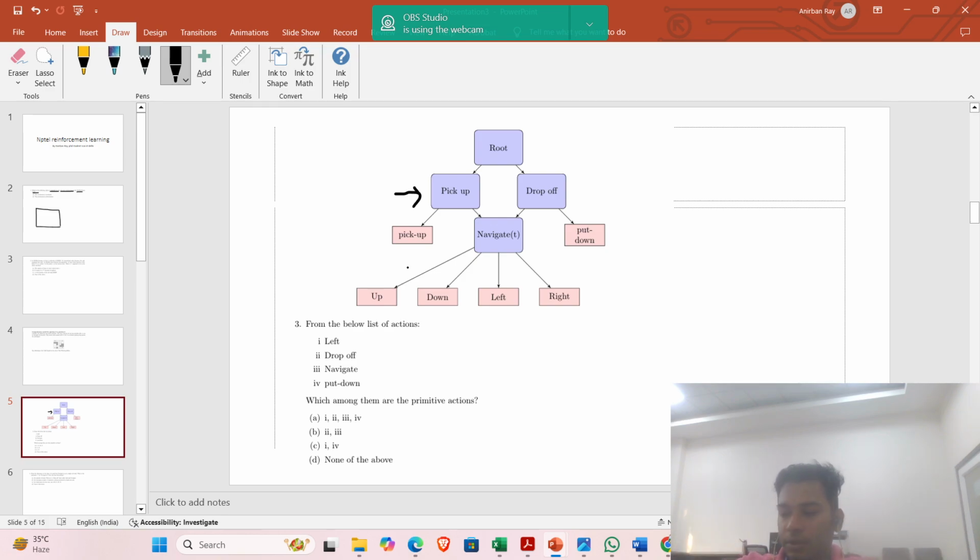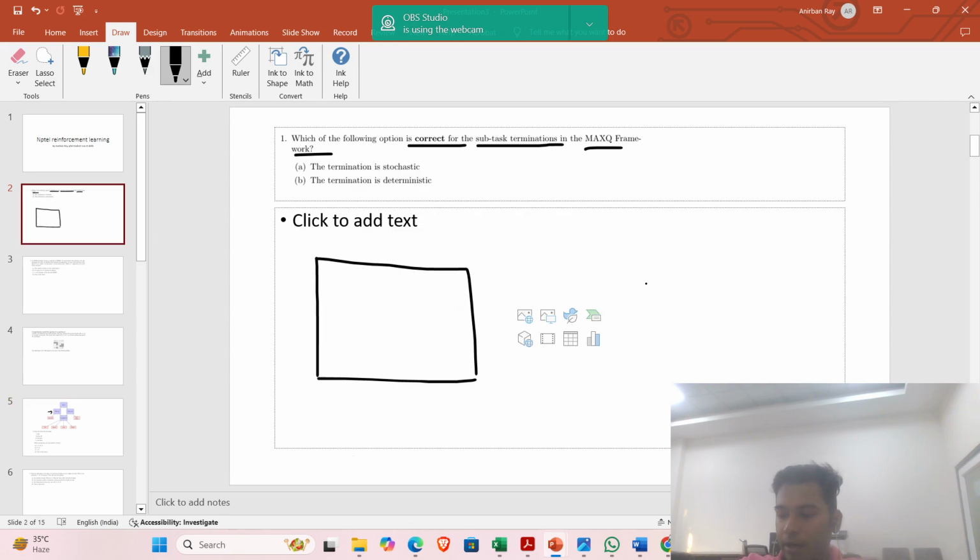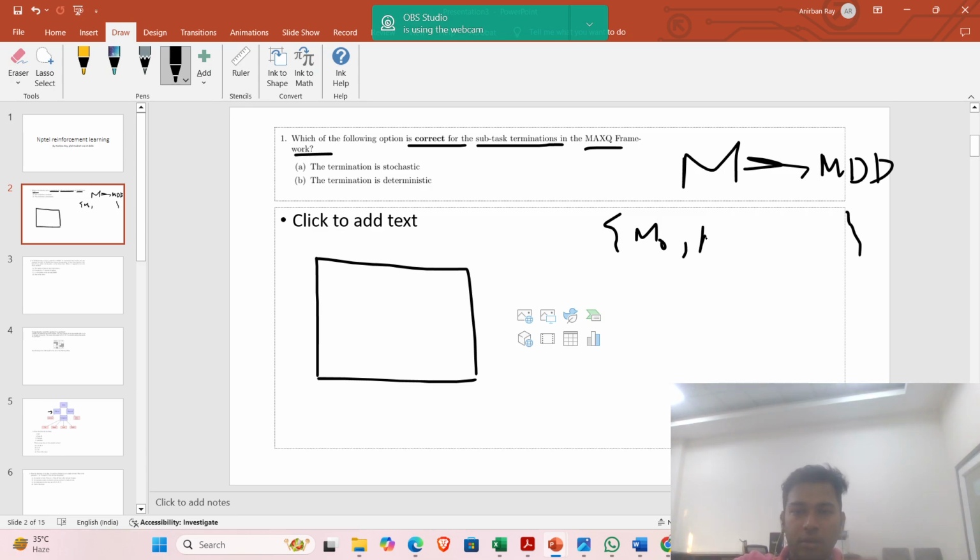So to formulate that, this is the root MDP that we have to learn. We are actually not doing that. What we're doing is dividing it into several smaller MDPs. Each of them is actually a semi-MDP.